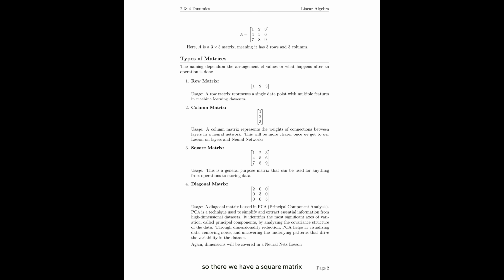So there we have a square matrix. A square matrix simply has the same number of rows and columns, and it is more or less a general purpose kind of matrix.